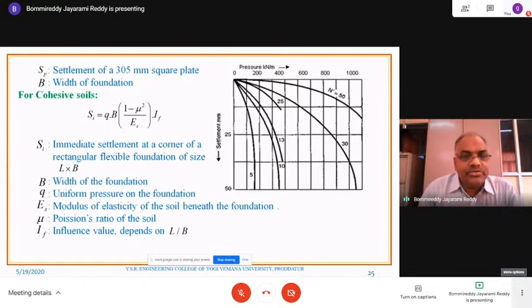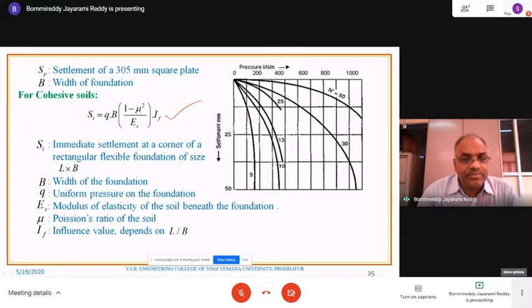Then for cohesive soils, because we are now discussing cohesive soils, SI, the immediate settlement, equals QB into 1 minus mu square by ES, into IF. Already you know that the soil is going to be converted into plastic in nature completely.